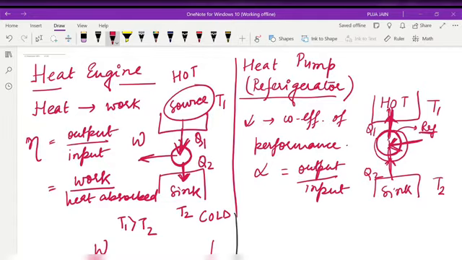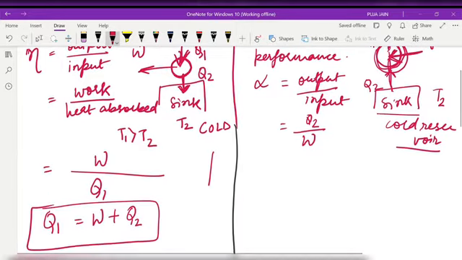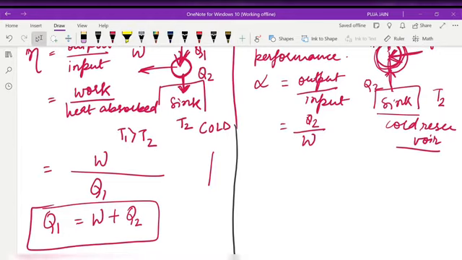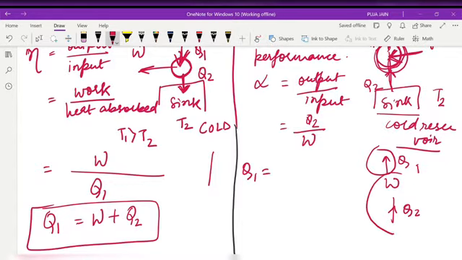Here output is Q2 and input is W. You see this work done W is the input and the output is Q2, that is from the sink, the cold reservoir. Now again we will calculate W. Here you see the direction, here is Q2, here is work done and here is Q1. So Q1 is equal to W plus Q2.